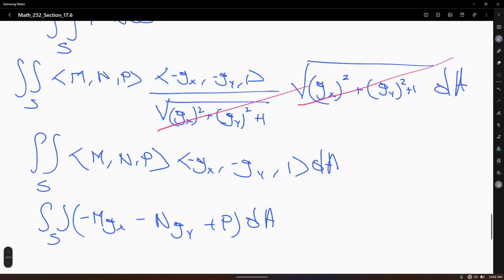Isn't that the same integral we just got in the definition box in the previous page? Yep, that's how we got it. All we're doing is substituting the unit normal vector, which is the gradient divided by its magnitude, and then just computing the remaining dot product. That's all it is.